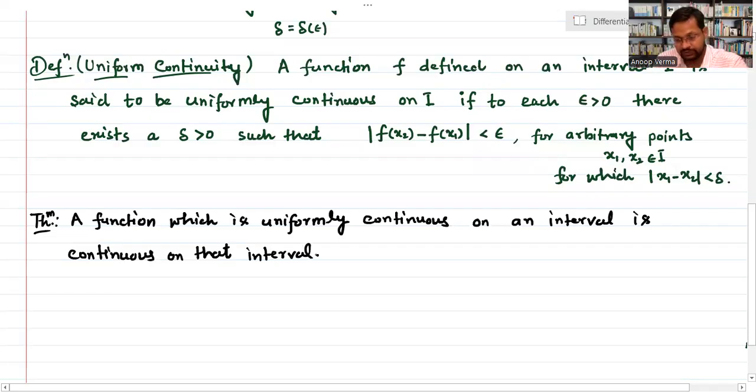Okay. So what we have to prove is that it will be continuous on that interval.